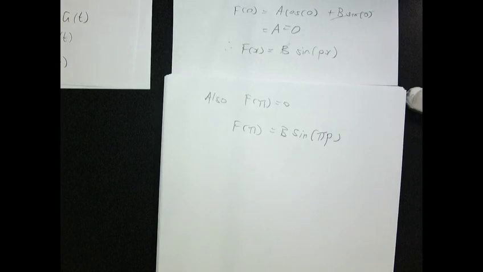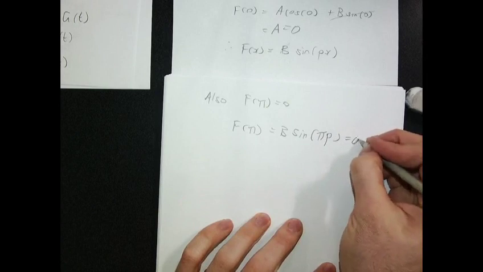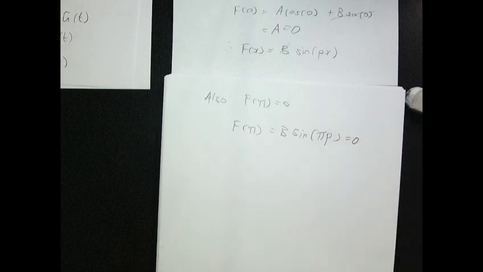So there we are, b sine pi p, and this is supposed to be 0. Okay, so back in the other ones, at this stage I was able to say that meant that b had to be 0, and therefore the solution was just identically equal to 0. But b doesn't have to be 0 for this to come out to be 0, because what if p was precisely the right number to make sine of pi p come out to 0?